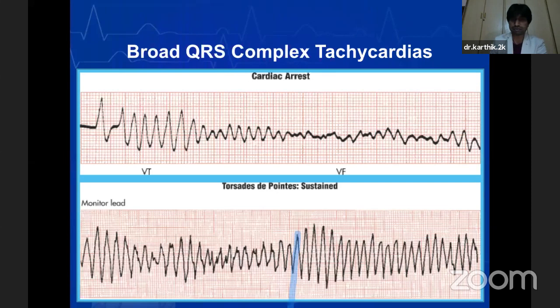And these kinds of tachycardias are common in patients who have long QT syndromes and those who have dyselectrolytemias like hypomagnesemia and hypocalcemia. Certain drugs can also cause torsades. Of late, during the treatment of COVID patients, you would have heard about patients using hydroxychloroquine and azithromycin, and you would have been hearing about the debates on how some people suddenly fell down and died while they were on hydroxychloroquine and azithromycin.